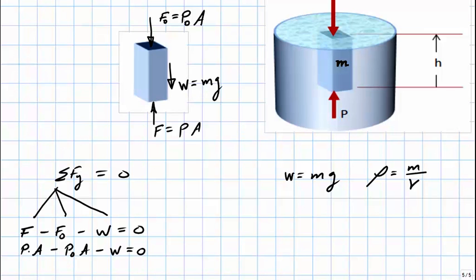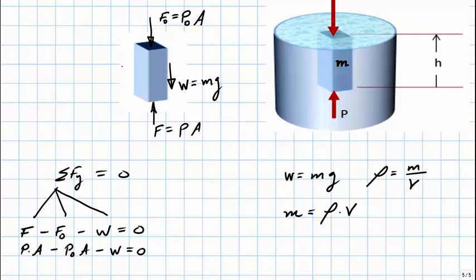If we solve this for the mass, we obtain the mass equals the density times the volume. Now, the volume of this shape equals the area times the height of this shape, which we called h.